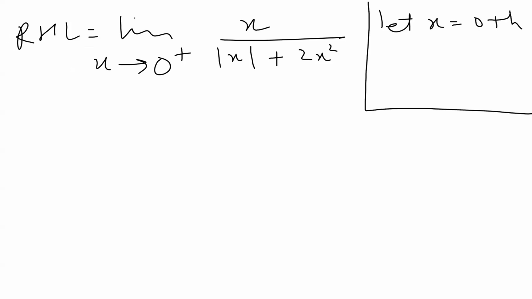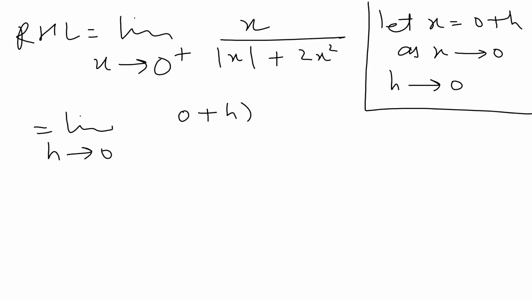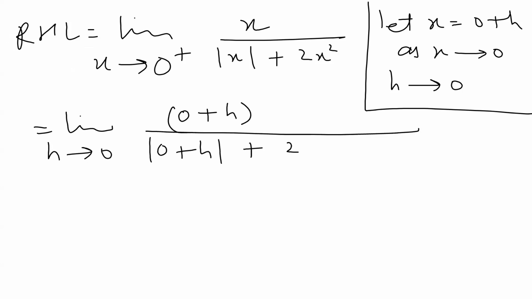Let x is equal to 0 plus h. As x approaches 0, h will also approach 0. Limit h approaching 0, (0 plus h) upon modulus of (0 plus h) plus 2 into (0 plus h) the whole square.